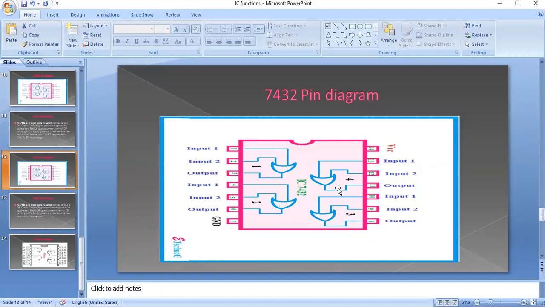You have to learn this internal diagram and know each pin function, which one is input and which one is output. So 7432 is a quad 2 input OR gate. It performs the OR operation. Each OR gate has 2 inputs and one output.